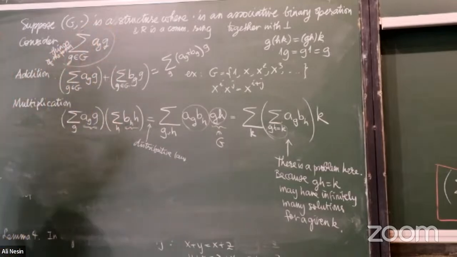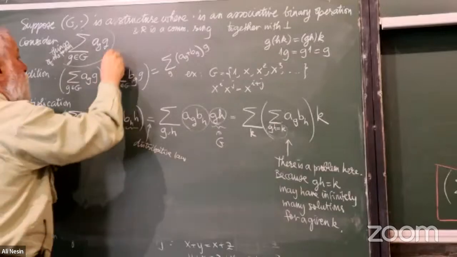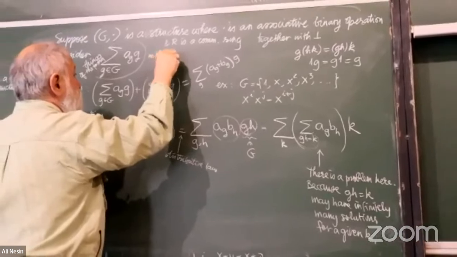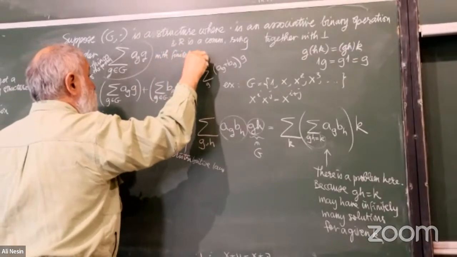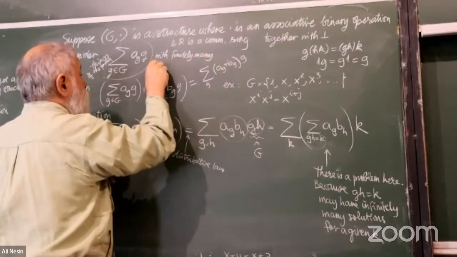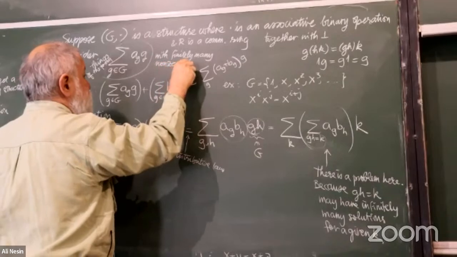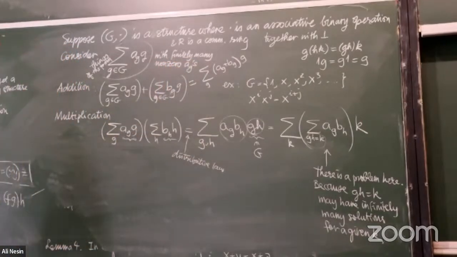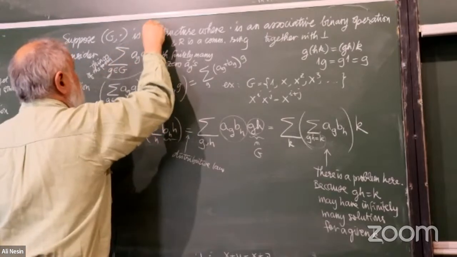Suppose you have only finitely many non-zero a_g's here. The rest are zero. By the way, here we have a multiplicative structure.